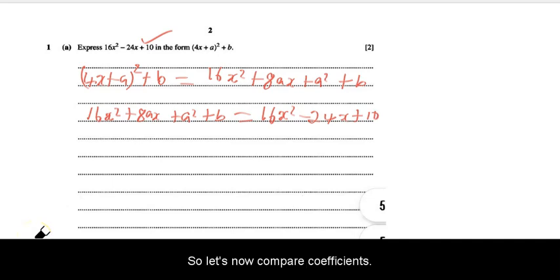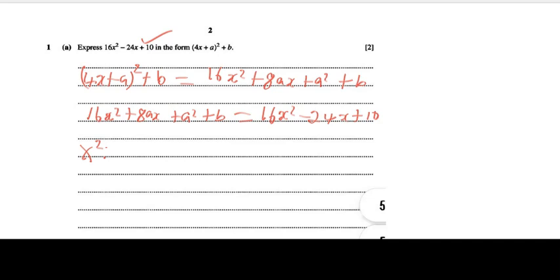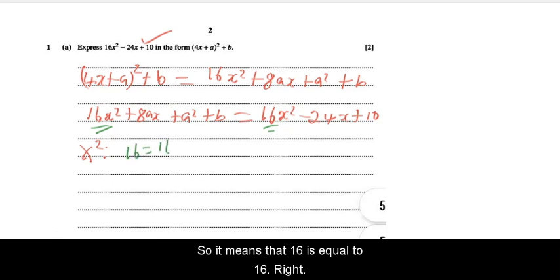So let's now compare coefficients. The coefficient of x squared is 16 and here it is also 16. So it means that 16 is equal to 16, right?